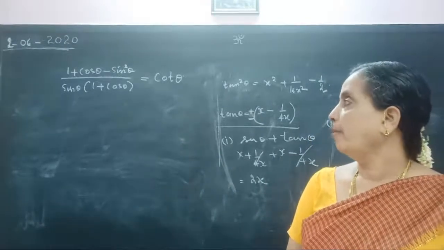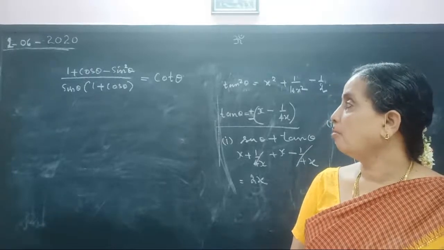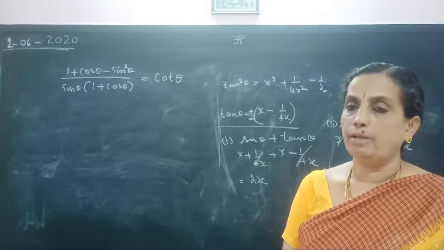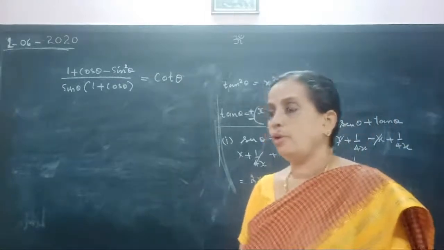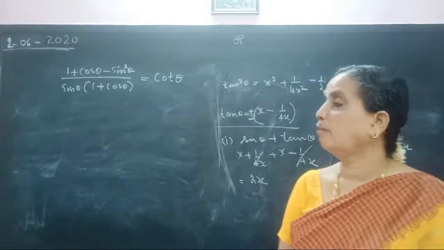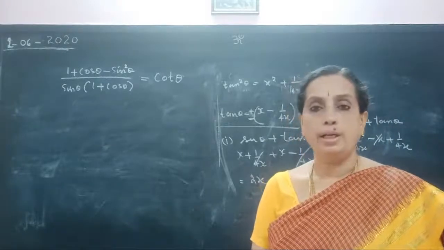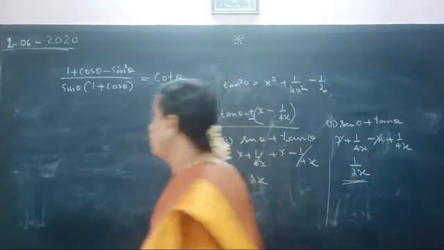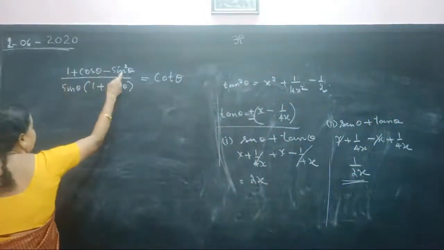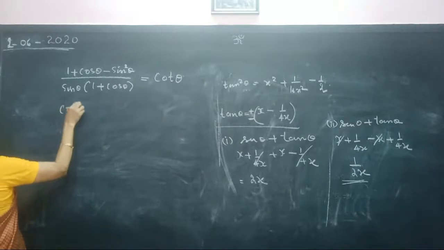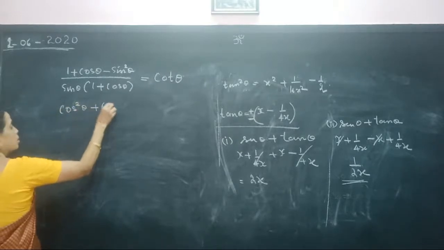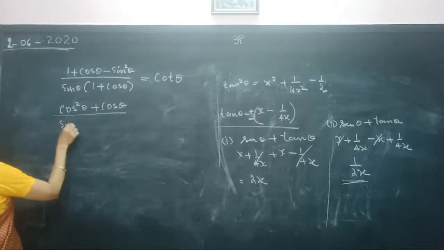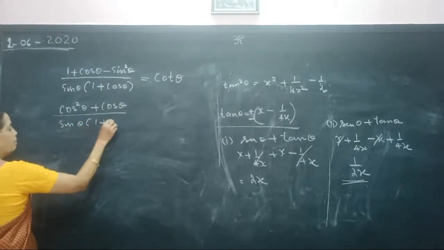Now, by observing 1 minus sin square theta, we can express it as cos square theta. Can you do that? Or if you are not able to catch that term, you can express 1 in terms of sin square theta plus cos square theta also. That is, 1 minus sin square theta is cos square theta, plus cos theta by sin theta into 1 plus cos theta.